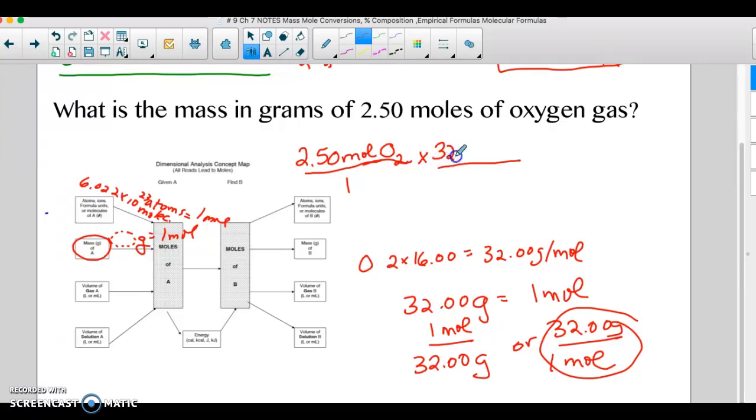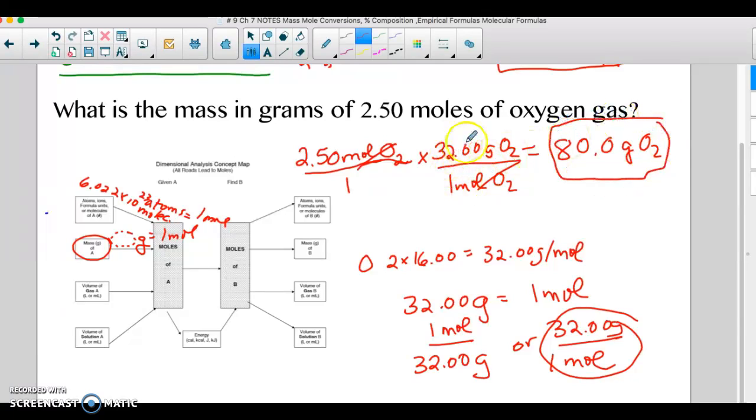So I'll put my 32 grams of O2 here in 1 mole of oxygen. These cancel, and then I end up with an answer of 80.0 grams. So sig figs, I'm not interested in this. These have infinite sig figs, they're not measurements. I'm interested in this number here, 3 sigs, so I end with 3.